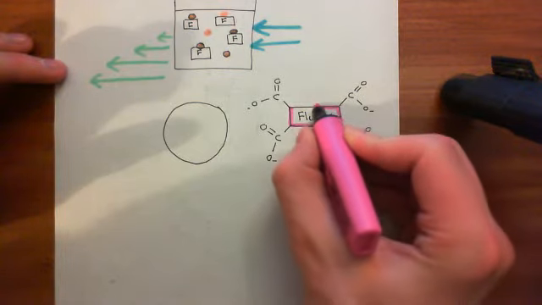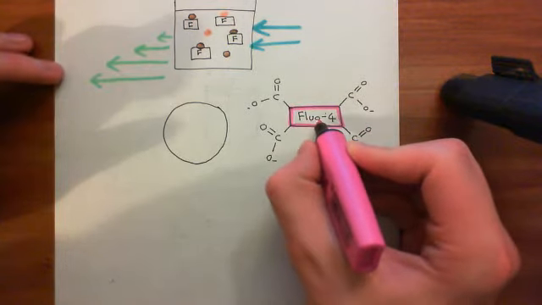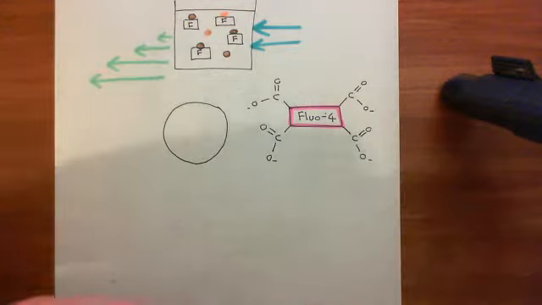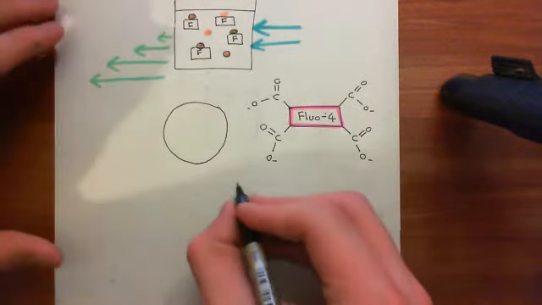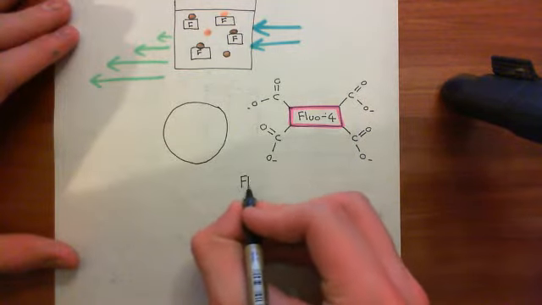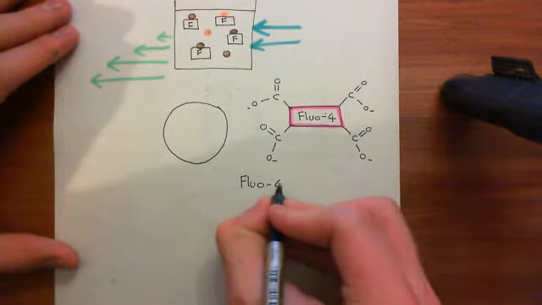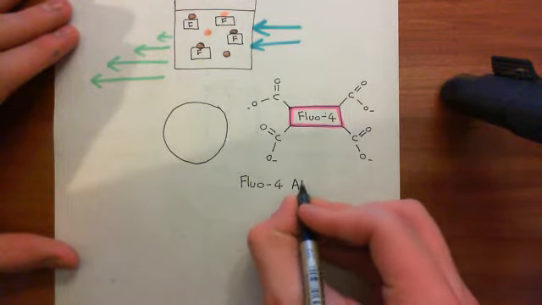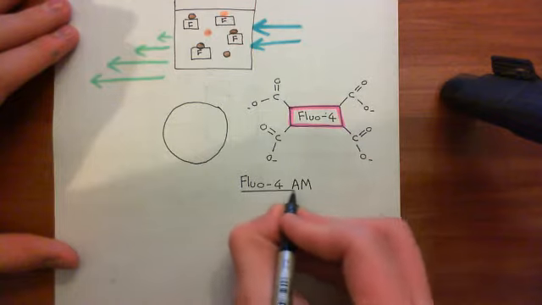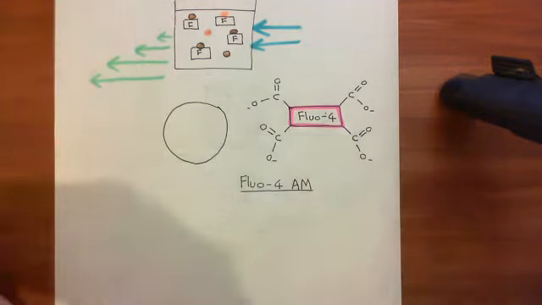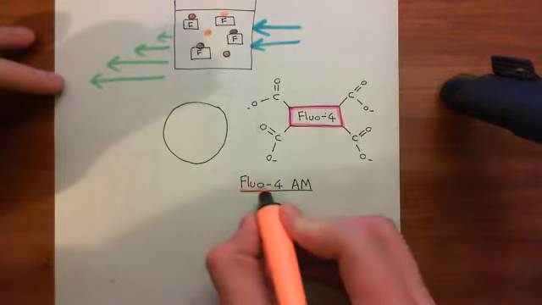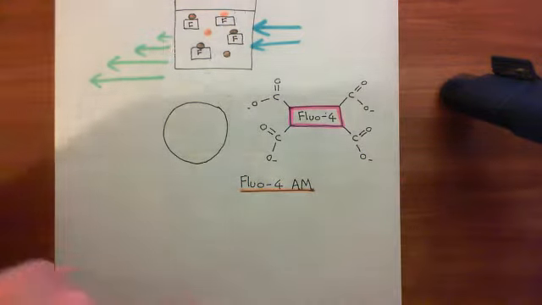So what we have to do is modify the Fluo-4 molecule to get it into cells. We create another molecule which is known as Fluo-4, and then people put an AM after it. Now what does this mean? This means Fluo-4 acetoxymethyl ester.